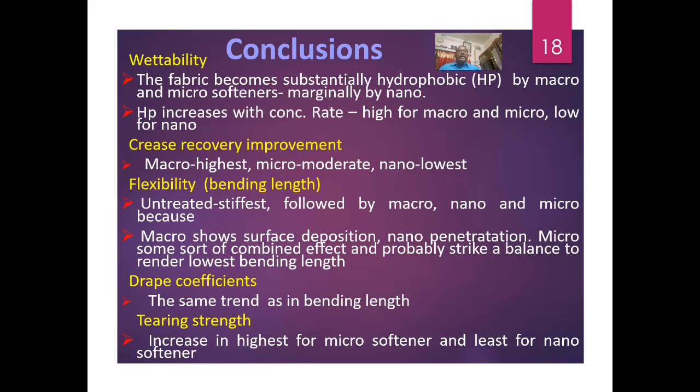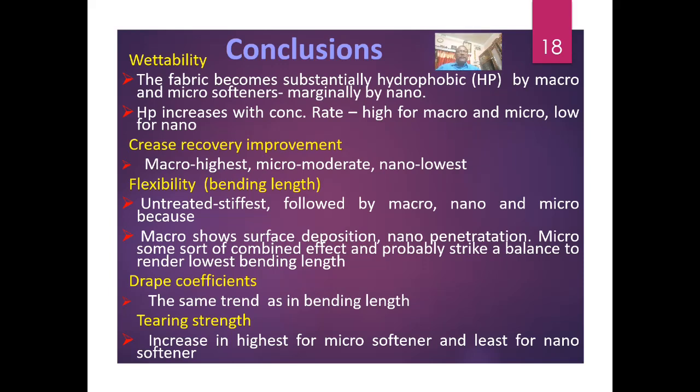Flexibility, that is bending length: untreated is the stiffest, followed by macro, nano and micro. Because macro shows surface deposition, nano shows penetration, and micro some sort of combined effect, it probably strikes a balance to render the lowest bending length. Drape coefficient observations show a similar trend as bending length.